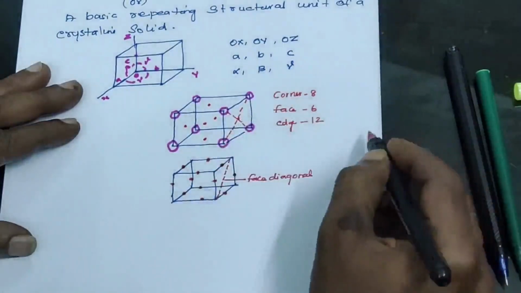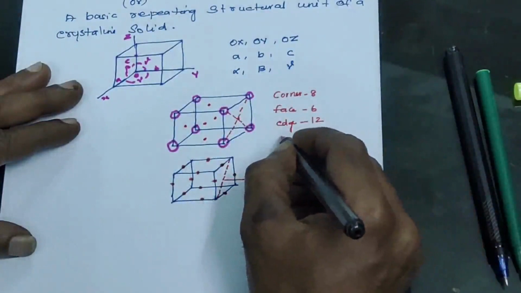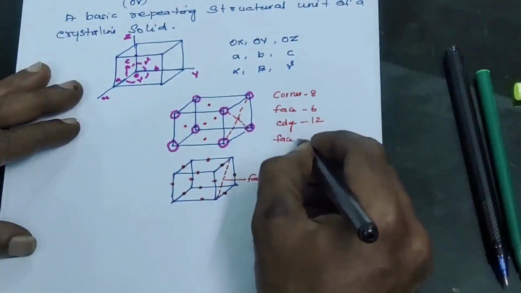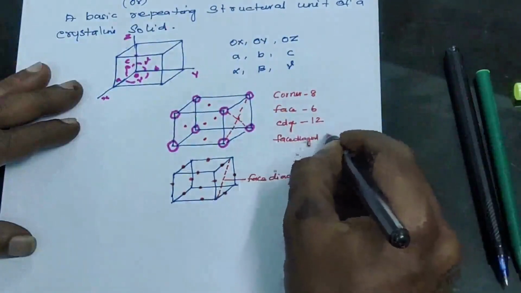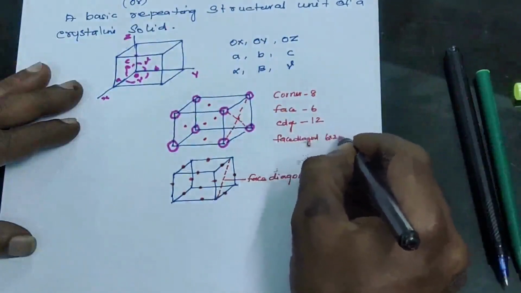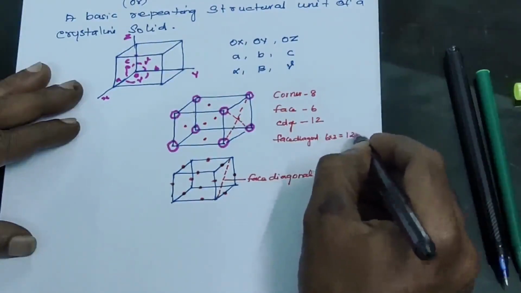So each face has 2 face diagonals. So face diagonals: 6 into 2, each face 2. So total 6 faces gives 12 face diagonals.